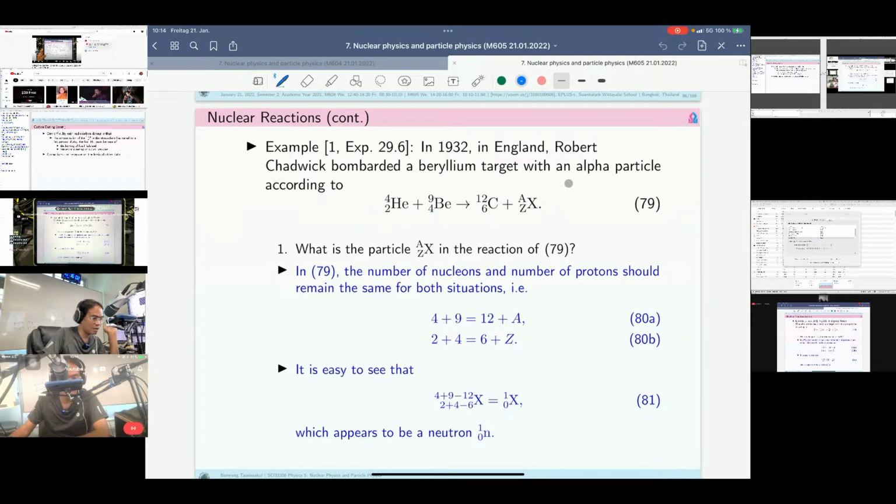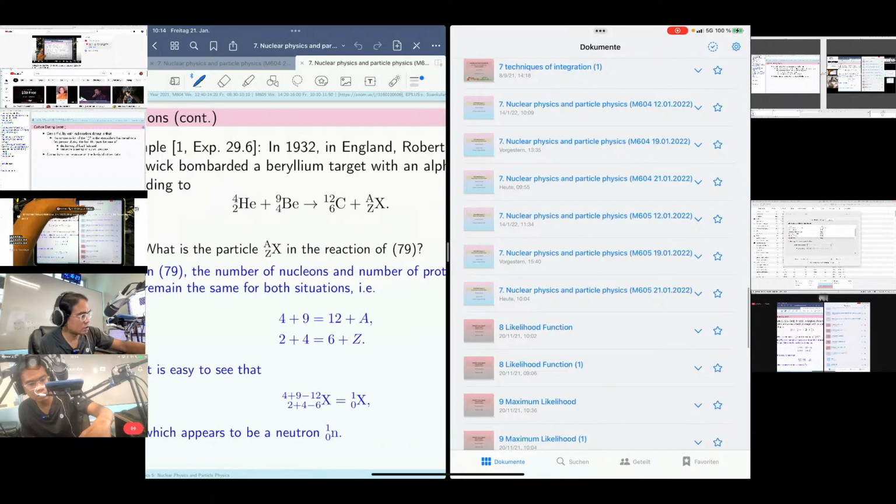In 1932 in England, Robert Chadwick bombarded beryllium. Let's open another document for M605 and go to the table of beryllium.